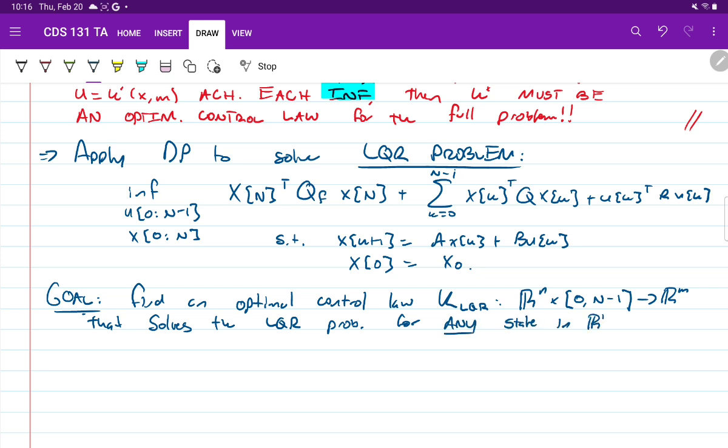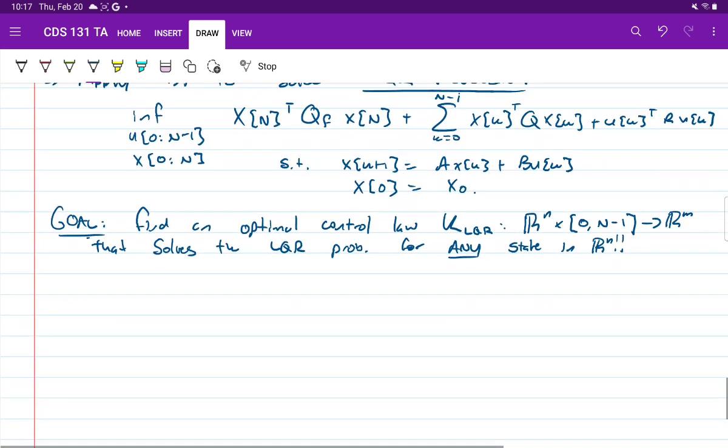So my goal is to figure out globally what the solution to this LQR problem is. If I give you any x naught, or any x_1, x_2, up to x_{N-1}, you should be able to figure out the optimal control law according to this LQR problem at that state.